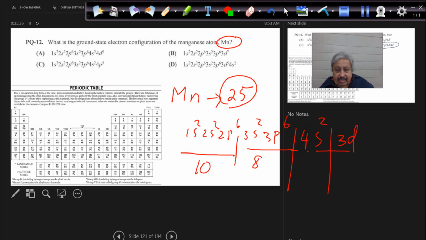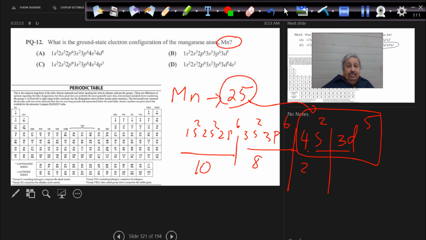This is 6, this is 10, this is 2, this is 20, and how much is left? Five, to make it 25. So the valence electrons are 4s2, 3d5.